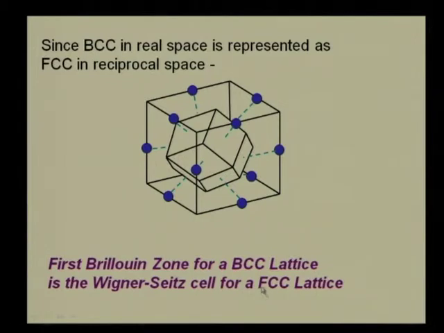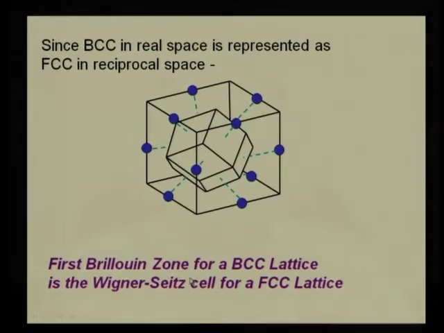So I would suggest that you examine this a little carefully, so you understand what is happening as you go from one space to the other, and you also understand the scope of each definition and where we are applying it. If you follow these things carefully, you will not have confusion, you will be able to identify the Wigner-Seitz cell correctly, and you will also be able to identify the Brillouin zones correctly, right. So this is what we have done.